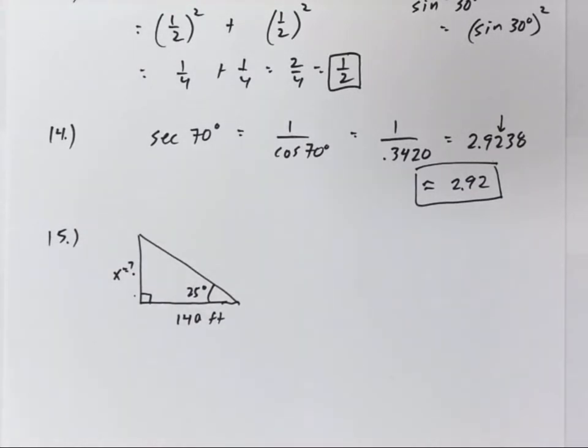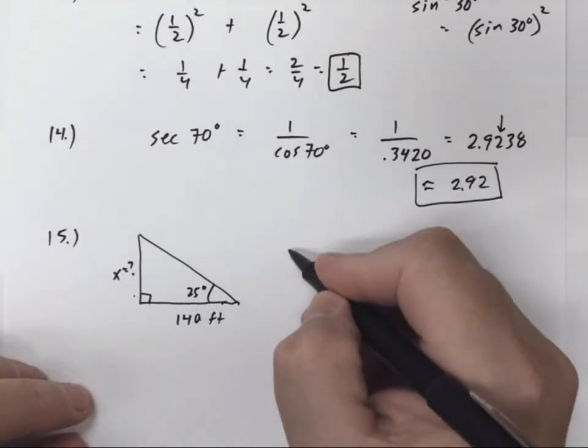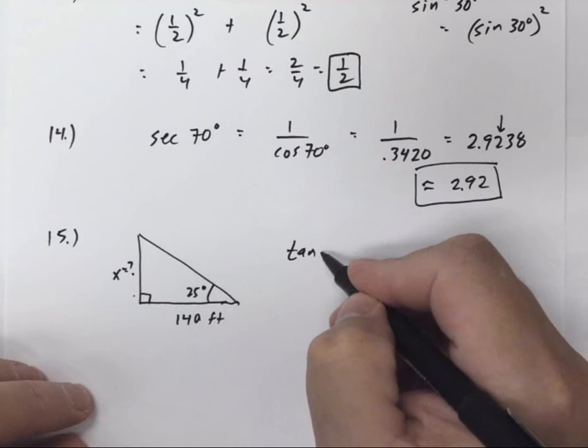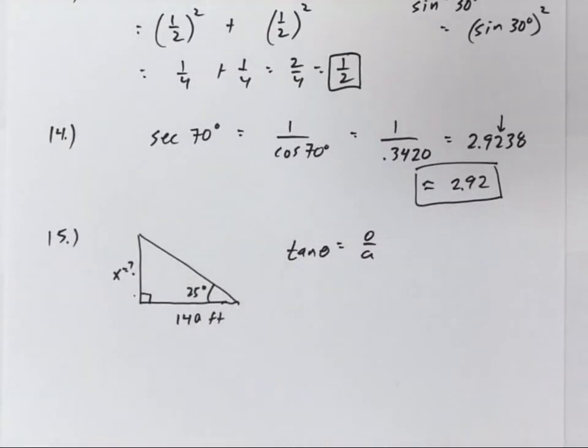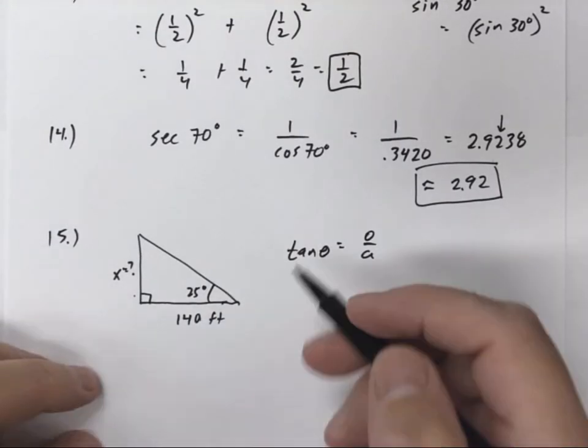Which of the trig functions relates the opposite side and the adjacent side? So-called TOA. TOA is opposite over adjacent. So that's the trig function I can apply to this problem.